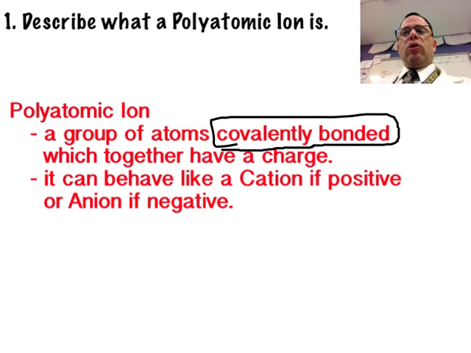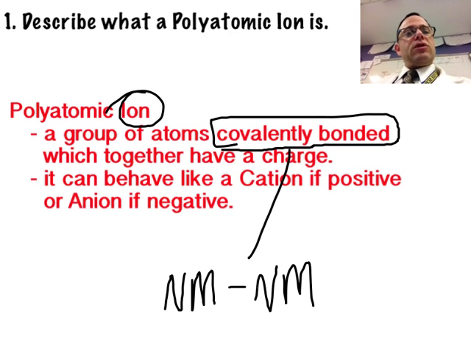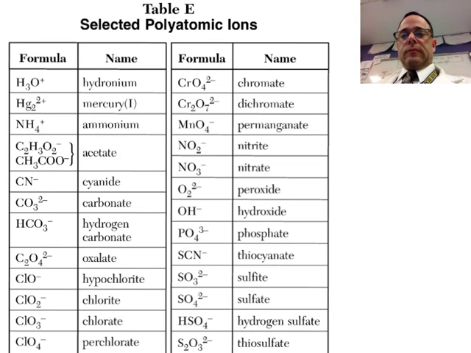If we recall, covalently bonded substances or compounds have a nonmetal bonded to a nonmetal, meaning that they are sharing electrons. Now again, they are an ion. So somehow, after they're sharing their electrons, together they're either going to gain an extra electron or lose an electron.